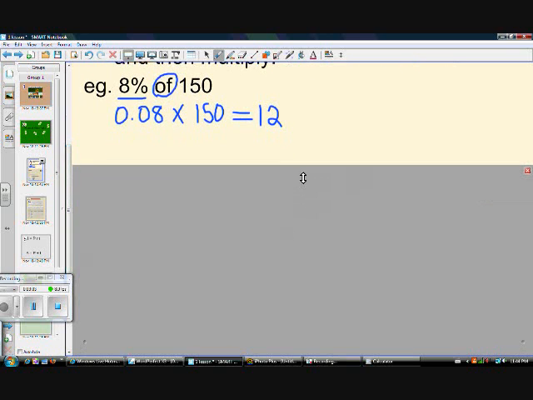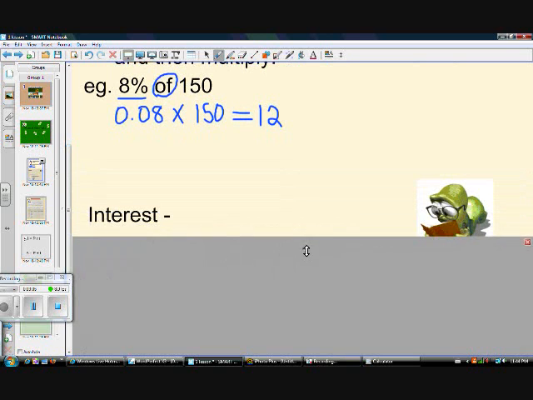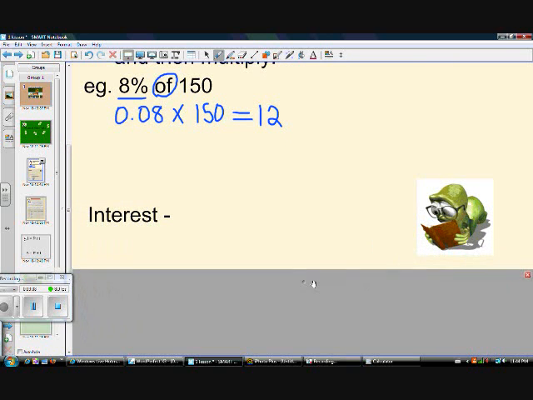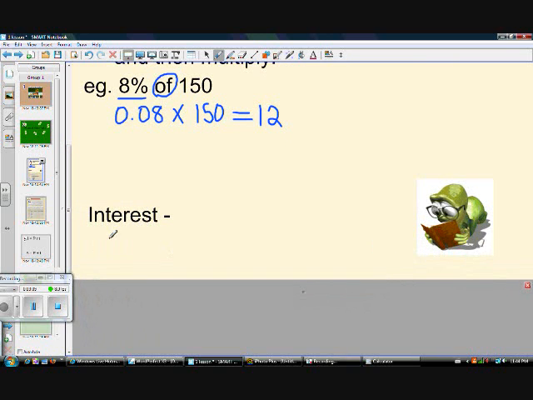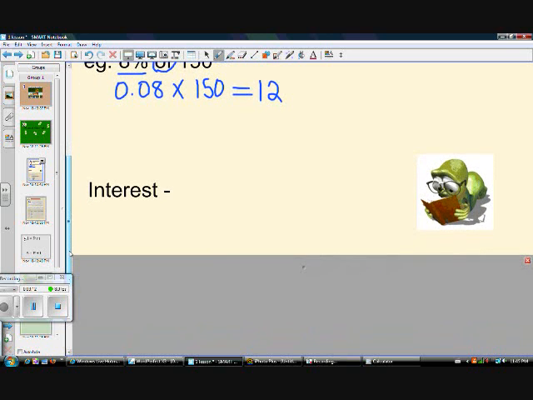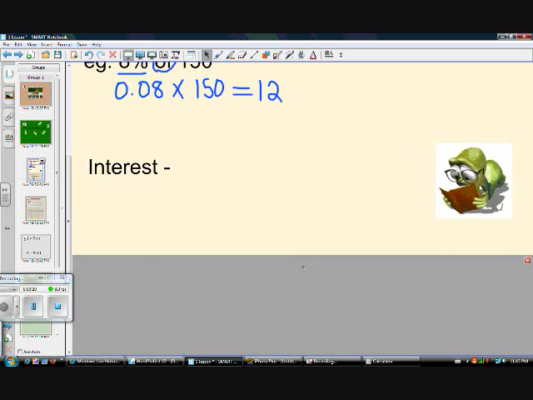Another important skill for this unit that we're going into has to do with vocabulary. And you're thinking, hey, this is a math class, I shouldn't have to talk about English. Well, guess what? That's not true. It's important for us to understand what certain words mean. Now, interest. Interest means different things depending on whether I'm investing money or borrowing money.